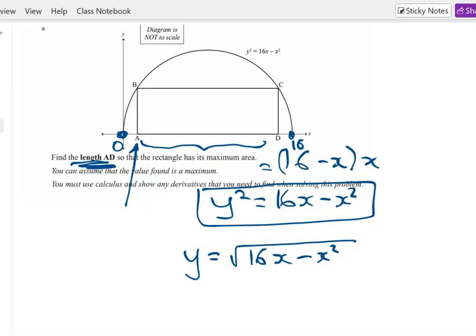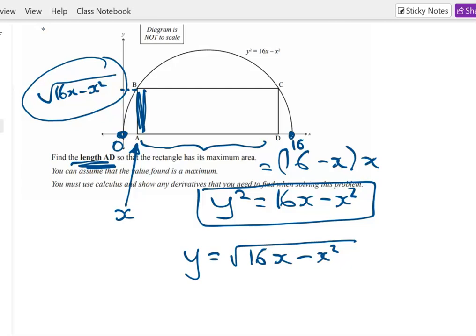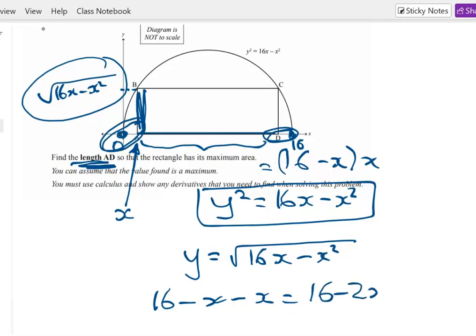But we're going to call that point A. It's going to have an x coordinate of x and it's going to have a y coordinate of the square root of 16x minus x squared. So the height of that rectangle is going to come from the y value, and the width of the rectangle is going to be this length here, which will be 16, and then it's going to be minus the x here and minus the x here. So it's 16 minus 2x. And those are the two bits that we need to put together to get the area of a rectangle.